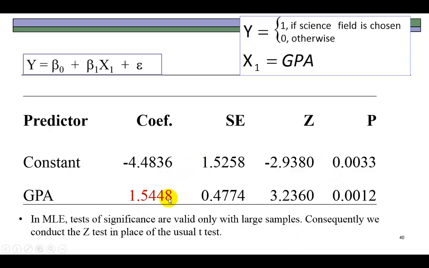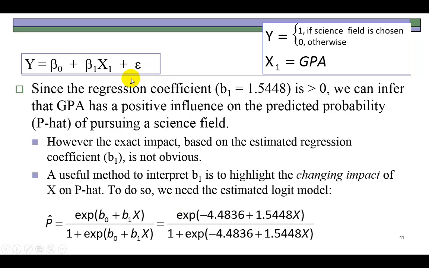So these are the maximum likelihood estimates that have been produced, and as you can see here, the coefficient for GPA is a positive value, 1.5448. And so we summarize that since the regression coefficient, which is repeated here, is positive, we can infer that GPA has a positive influence on the predicted probability of pursuing a science field.